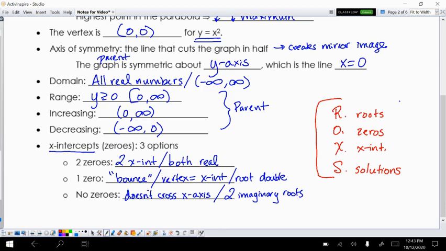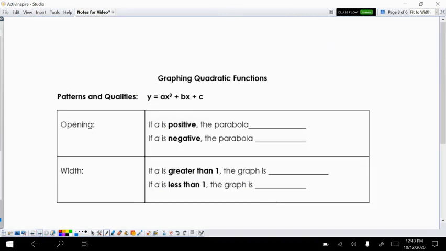There's one other feature of the quadratic we should pay attention to before we graph, no matter what form it is in, and that is the letter A that is in front in each of these forms. So here's our letter A, and that tells us 2 things about the parabola. It determines which way the parabola opens.